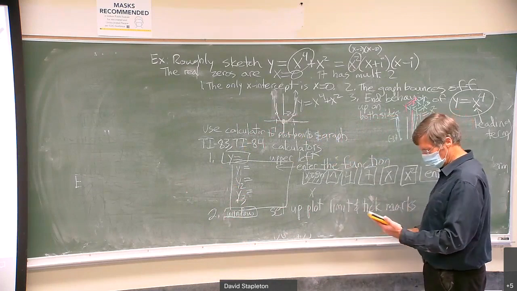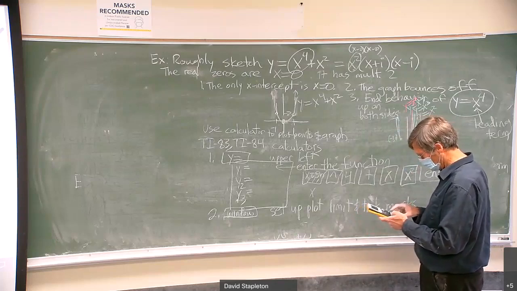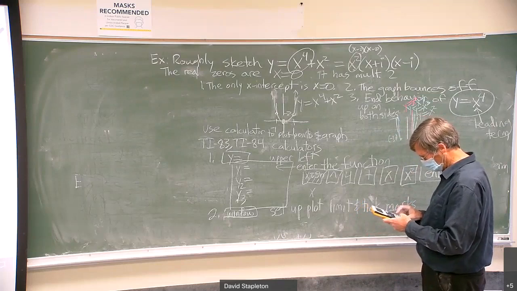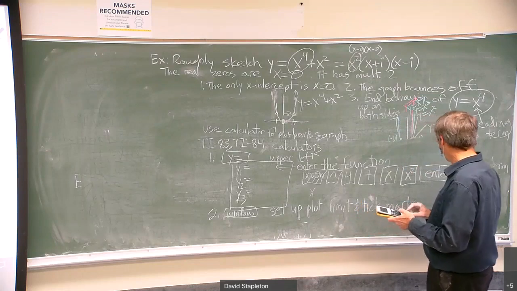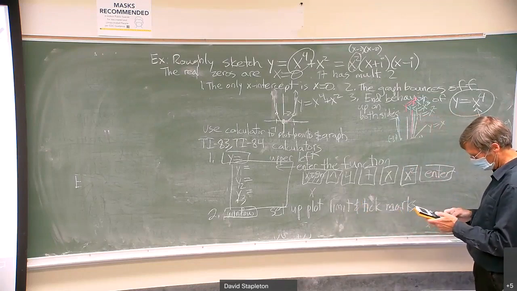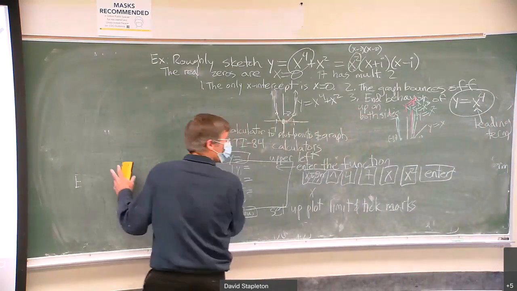So you enter those. Let me put this x to the fourth plus x squared. And you push enter to get rid of that. And you push y equals window. And when you push window, something like this will come up.